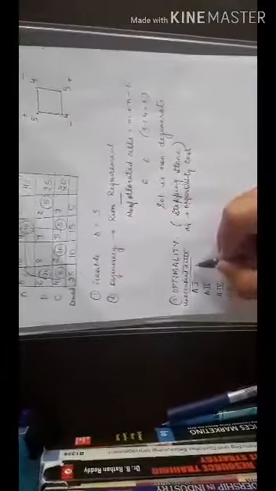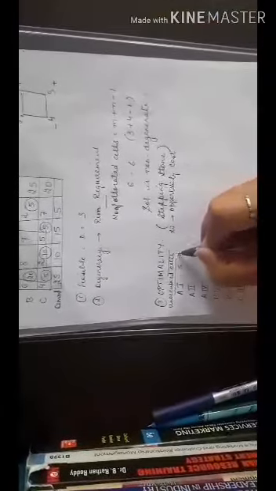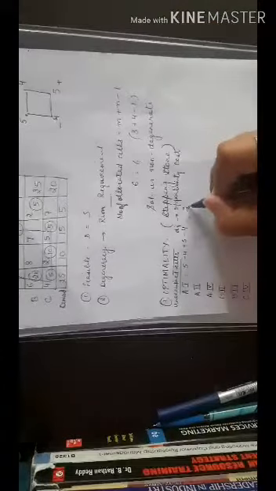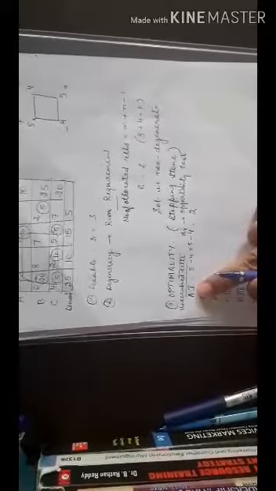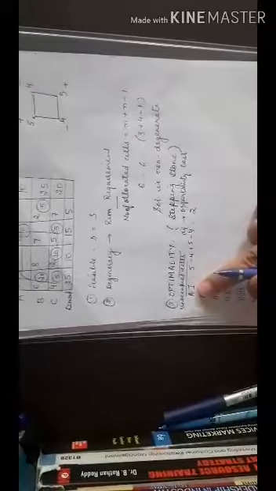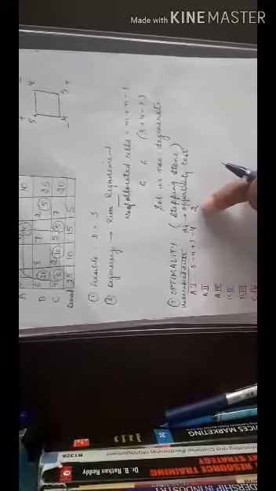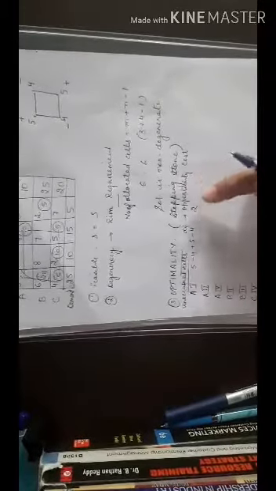So in this case 5 minus 4 plus 5 minus 4. So the answer is 2. 2 is positive. This is the opportunity cost for A1. Had we put any units in this cell, the cost would have increased by 2 as per this table.